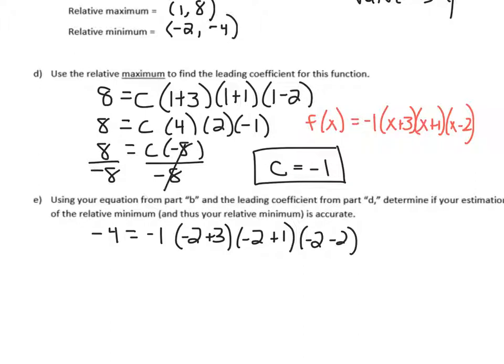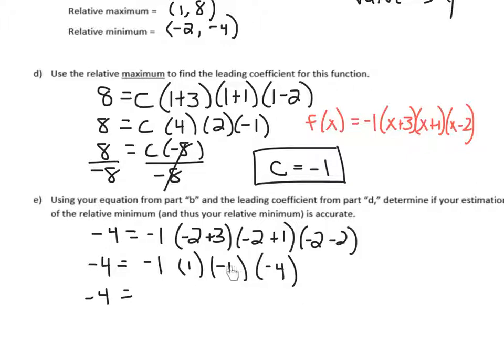All right, so let's bring down our negative 4, bring down the equal sign. I'm just going to, for right now, bring down the negative 1 and determine what we have in each of these parentheses. So negative 2 plus 3 is 1. Negative 2 plus 1 is negative 1. And negative 2 minus 2 is negative 4. All right, so let's bring down our negative 4 equals, and let's multiply this up. So negative 1 times 1 is negative 1. Negative 1 times negative 1 is positive 1.